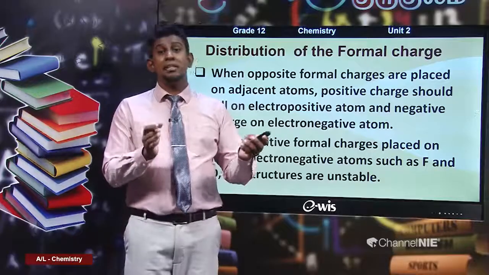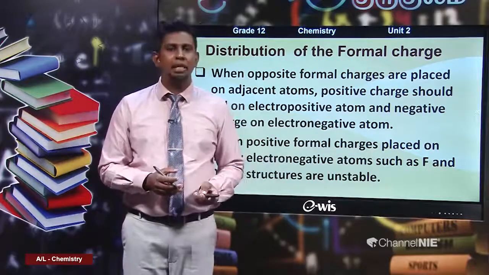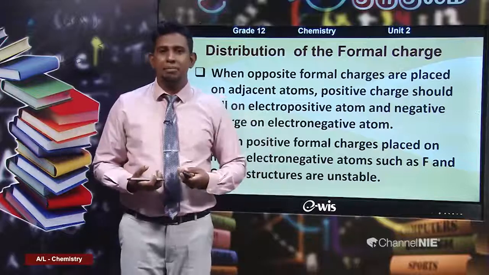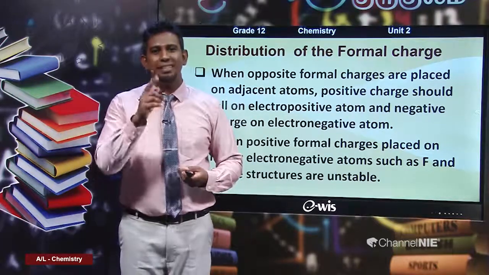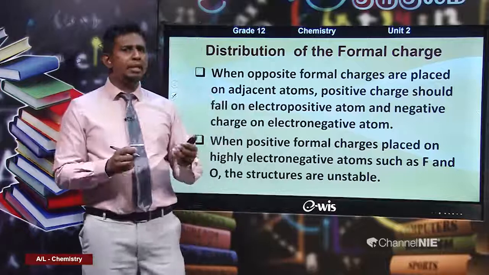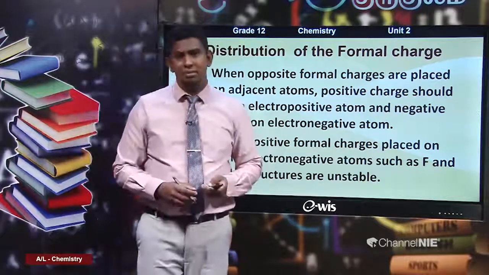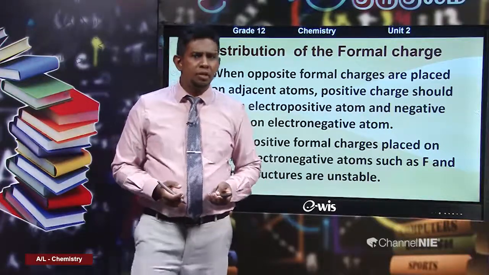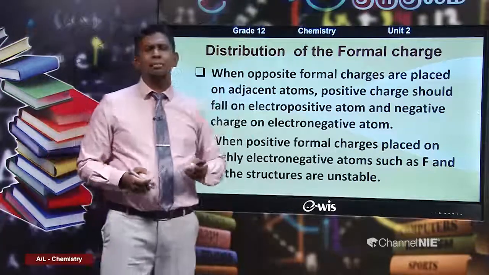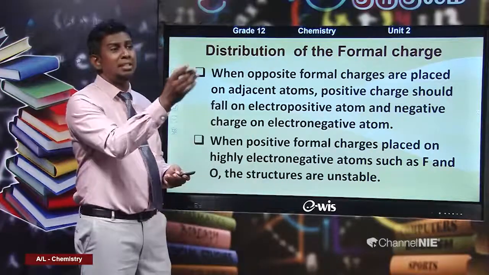You don't treat such prominent atoms that way. The most electronegative atom in the world is still fluorine, so you don't place a positive charge on that. That's a big mistake. The second most electronegative atom is oxygen. Don't place a positive charge there as well.